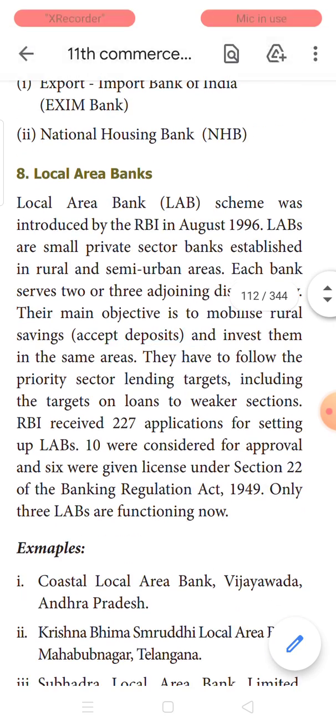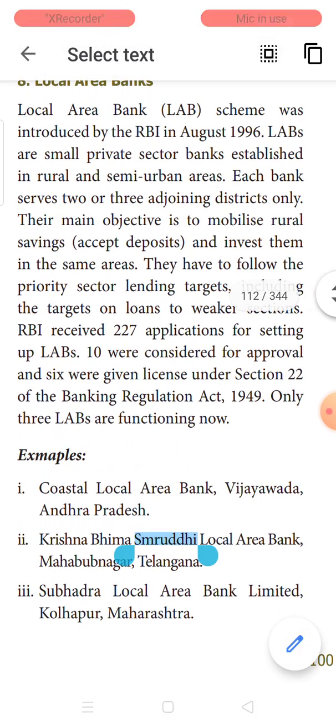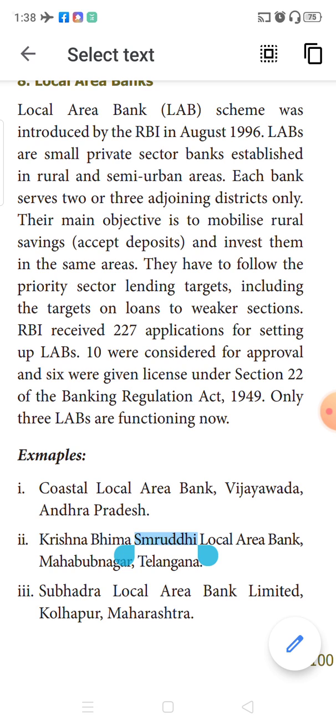Next is the Local Area Bank. See, this Local Area Bank was introduced by the RBI in the year 1996. Please underline the year, children, because each bank was introduced by the RBI under a special act in those particular years.